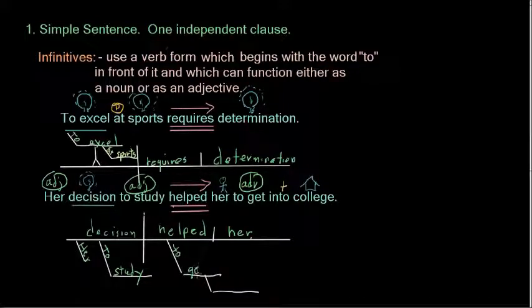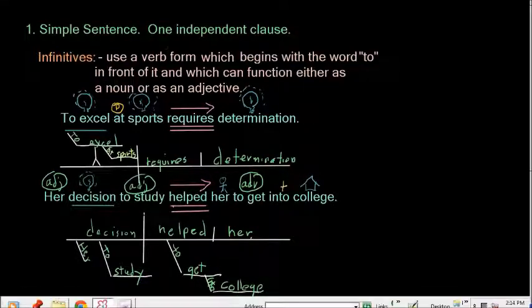And again, it looks like a prepositional phrase. However, the difference is get is a verb, not a noun. If this was a prepositional phrase, that would be a noun. Well, here's a prepositional phrase to prove our point. Get where, into, and here is our noun, college. So the last one is a prepositional phrase.